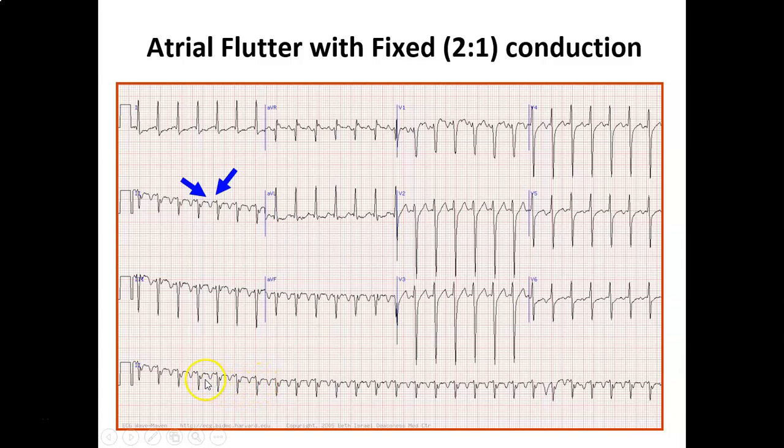It's very hard to see any P wave. Some notches are seen, like this sort of notches. These are actually 2 flutter waves, and it's a narrow complex. So this is narrow complex tachycardia, and most probably this is atrial flutter with 2-into-1 conduction, because it's regular. So that's why we say it's a fixed 2-into-1 conduction.